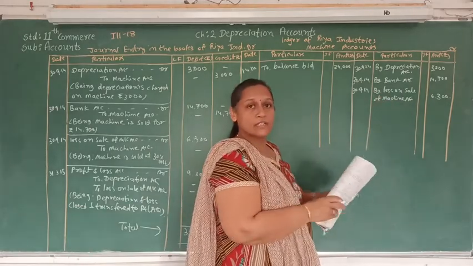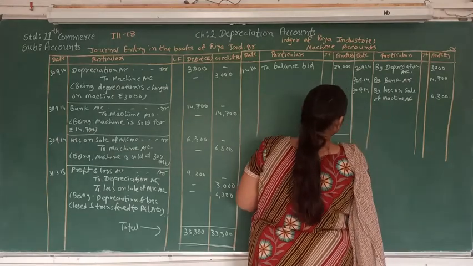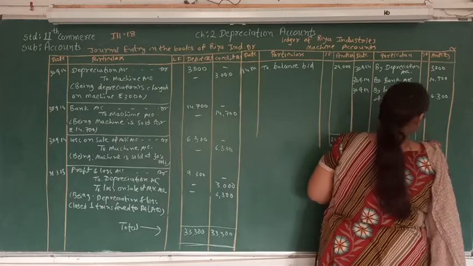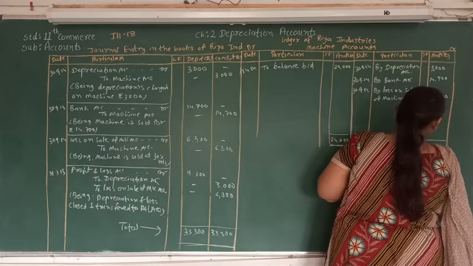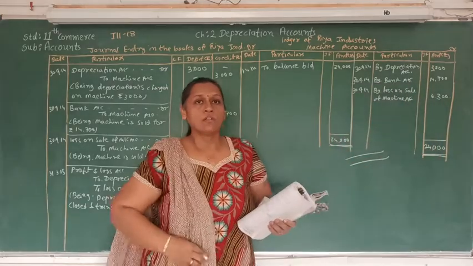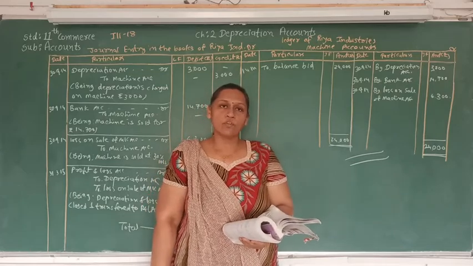And now let's make the total of the machine account. We can see that the totals of both sides of the machine account must be identical, as the machine is sold. So there will be no balance in the machine account. So this account is going to be squared up. So students, you may note down this in your notebook. Thank you for watching this video.